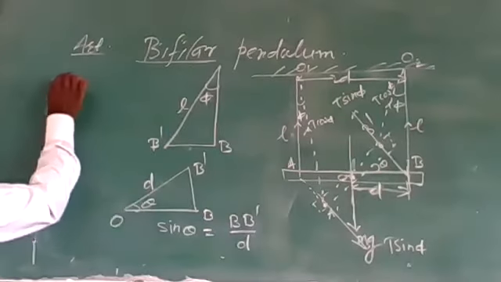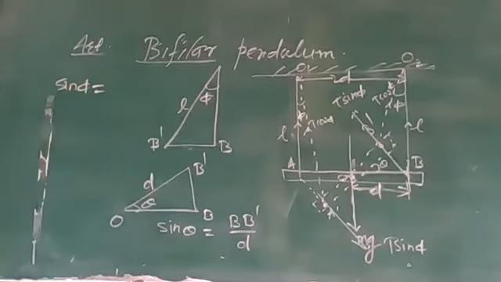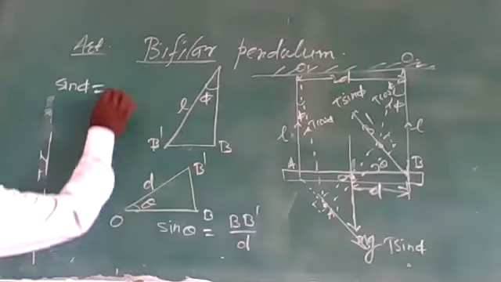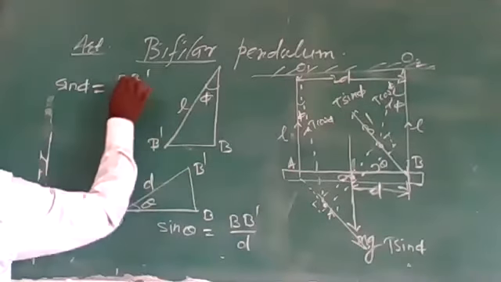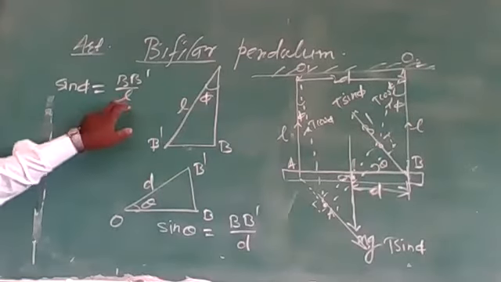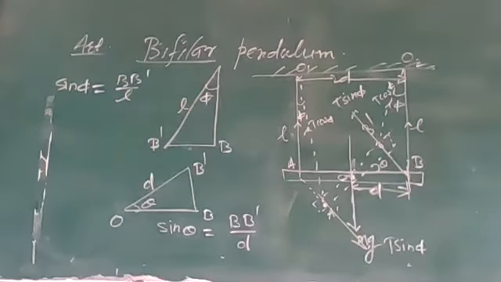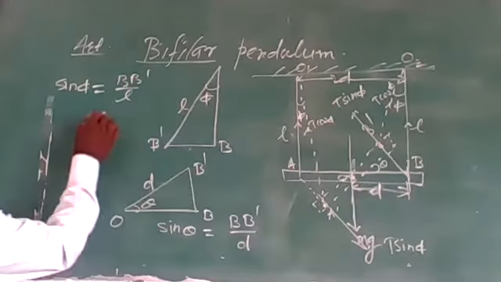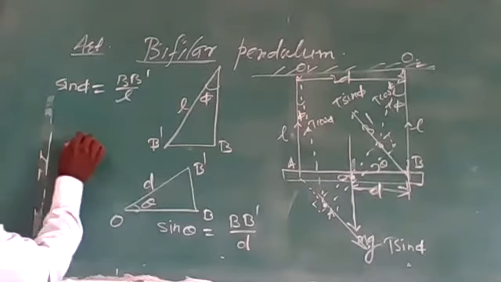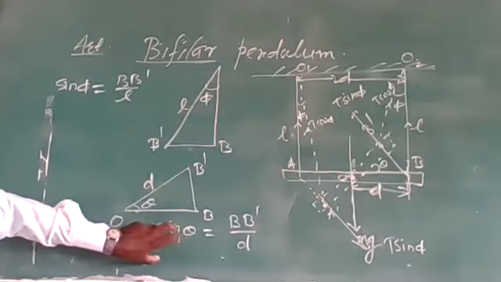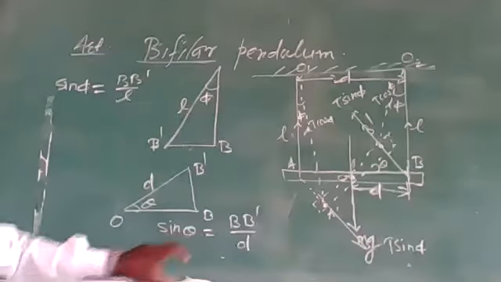Sin phi is nothing but front side B B dash upon here. Then we can obtain the value of B B dash from this equation.